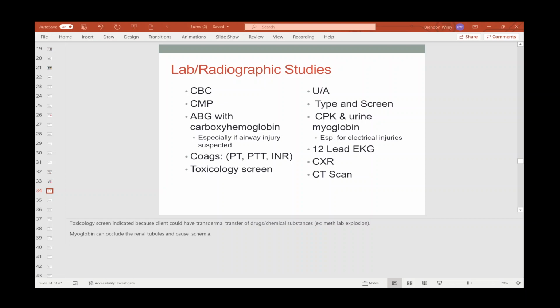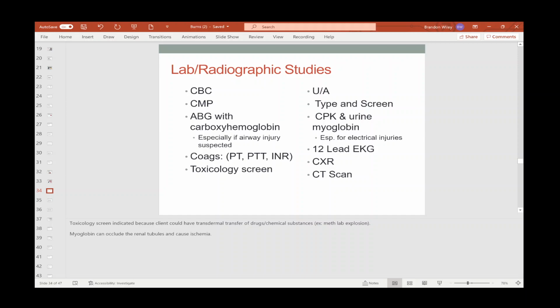What about, why are we getting a toxicology screen? Okay. Yeah, so what if it was a meth lab? What if they had a lot of drugs in their system and they're a user and they're in shock and half dead, and I'm going to pull them out of the grasps of death and try to treat them?